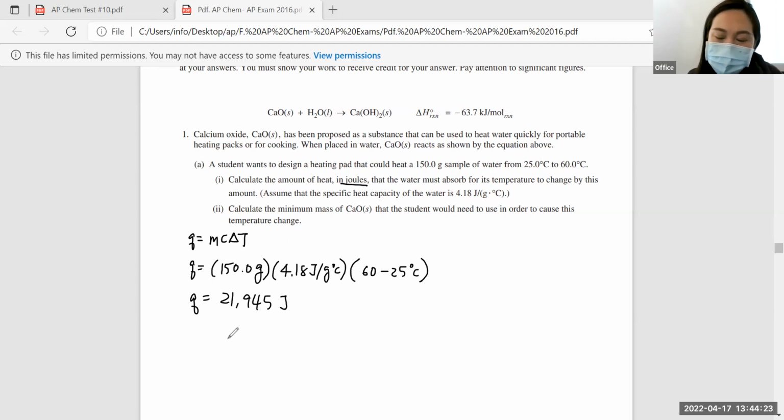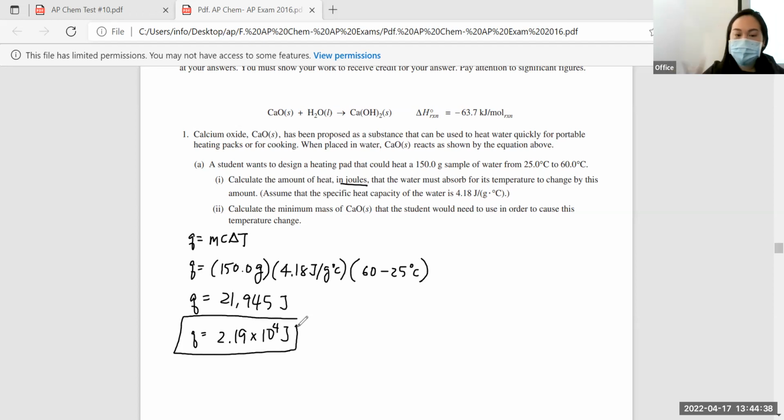So I would put 2.19 times 10 to the fourth joules. Right? 1 point.